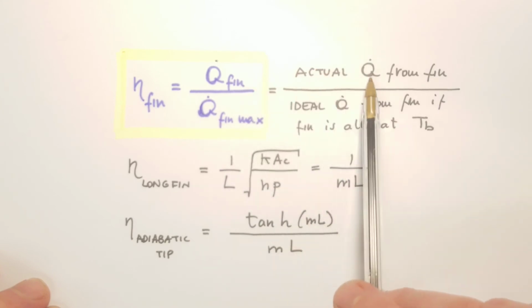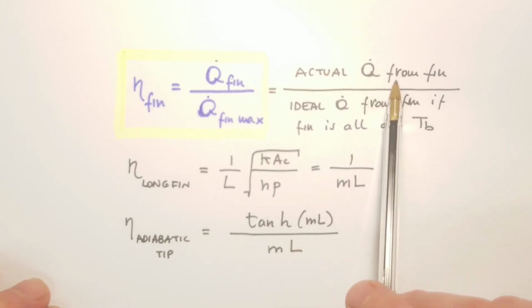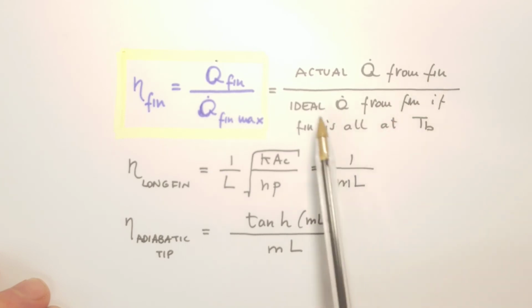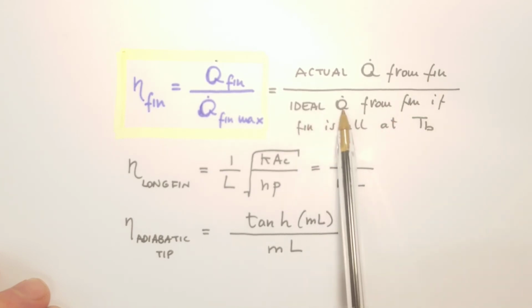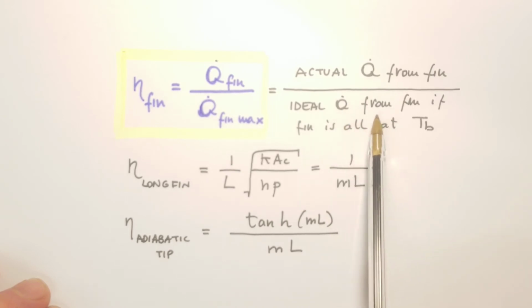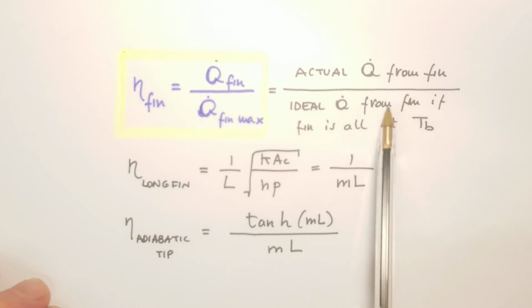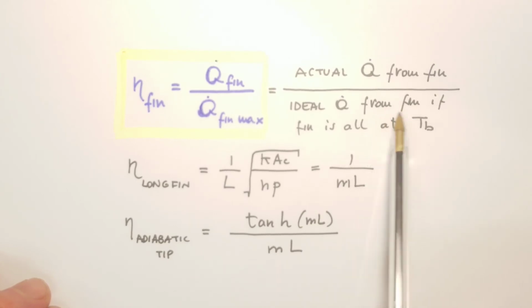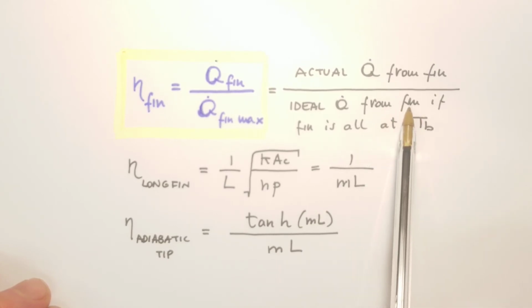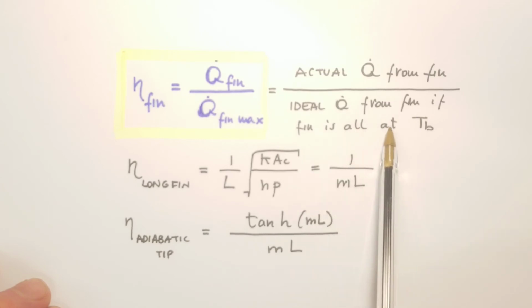So Q fin is the actual heat transfer extracted from the surface thanks to the fin, divided by the ideal Q, the ideal heat transfer extracted from the surface in the ideal situation where the fin is all at the same temperature.